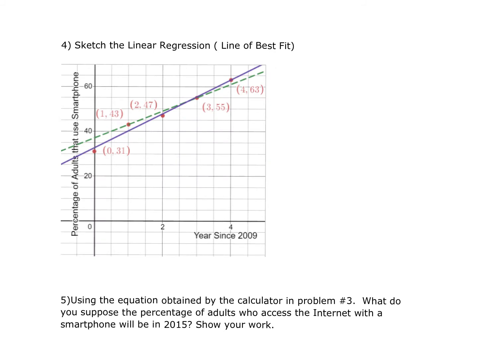The next slide I have here is a sketch of the linear regression, which we call the line of best fit. That's the one that we calculated. That's in blue. That's the one we used our calculator for. So this one was technology. And the dotted green line is the line that we calculated using the points 143 and 355.